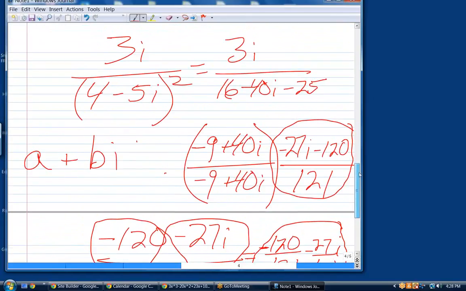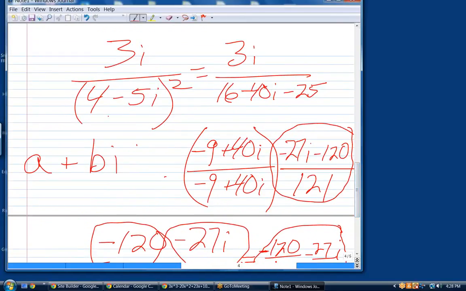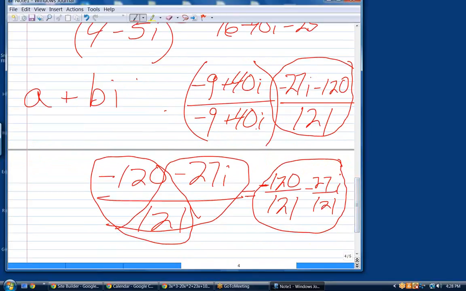After I expanded this, I got minus 9 minus 40i. So how come you don't expand that, the minus 9 minus 40i times minus 9 plus 40i, the way you expanded the... I did.